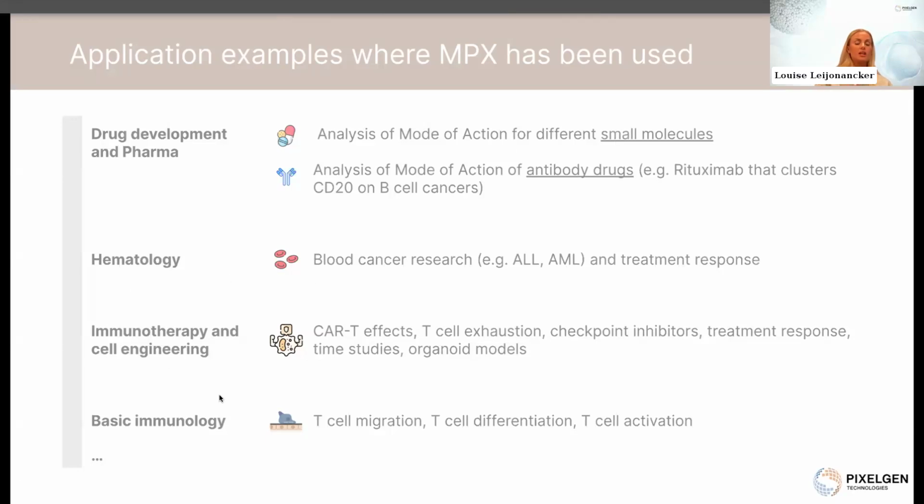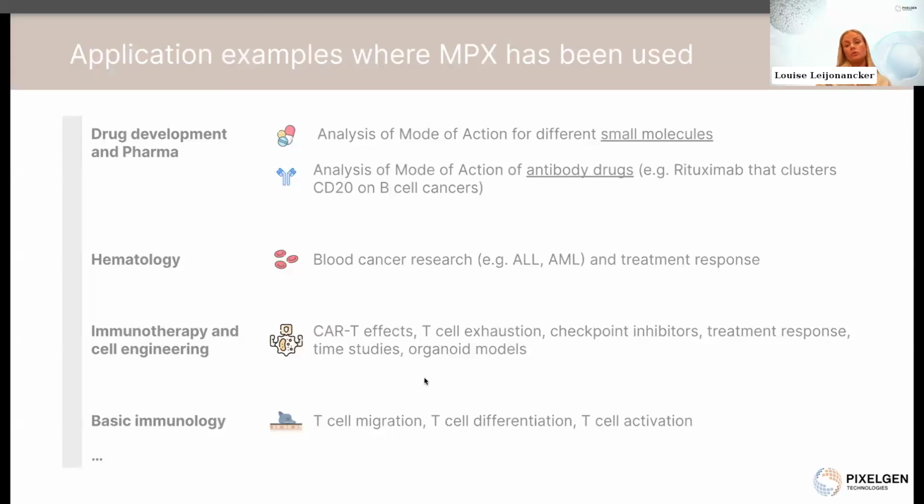Immunotherapy and cell engineering is a big field for us. It seems like a lot of people are interested in looking at the CAR T effects, T cell exhaustion, and how long it takes for them to be exhausted, looking at checkpoint inhibitors, different treatment responses, doing time studies, very interesting seeing how things progress over time, both for the abundance, but also spatially, how things can become more and more polarized with time.